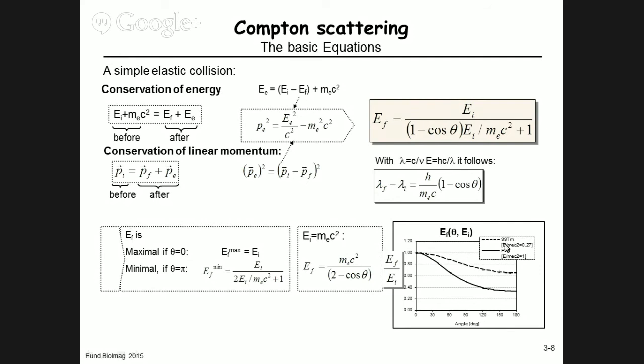The energy of the photon considered here relative to the rest energy of the electron is 0.27, and for positron emission tomography, this is the effect here. So we'll see an effect of scattering of the photons that depends on the angle, so the energy of the photons that are being scattered depends on the angle being observed.